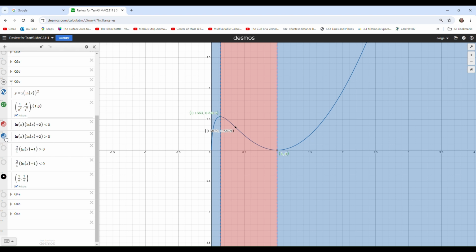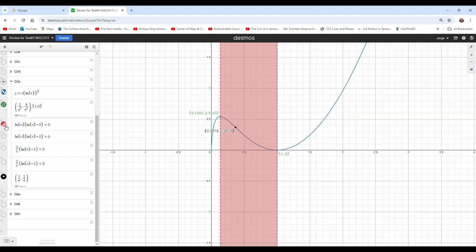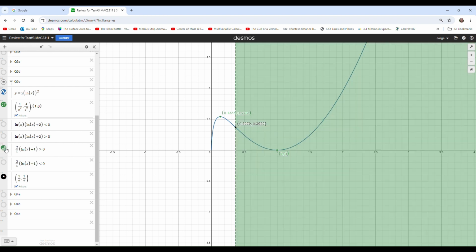Okay, that is increasing, decreasing, and local max, local min. Now the second derivative. Second derivative positive is concave up, and second derivative negative is concave down. Super. And the inflection point is double. Okay, 1 over e comma 1 over e. Excellent.